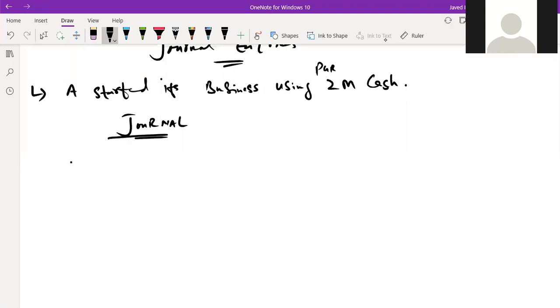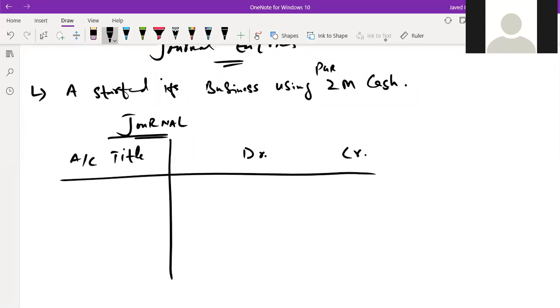So you had account title, you had debit side, you had credit side. So what would be your account title? If you have cash, this cash is debit.